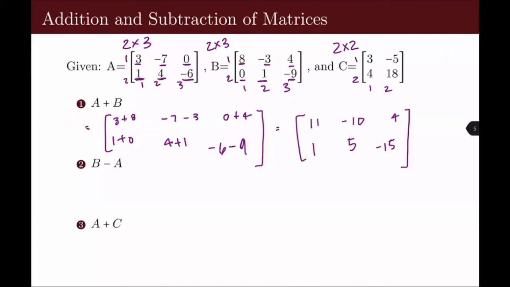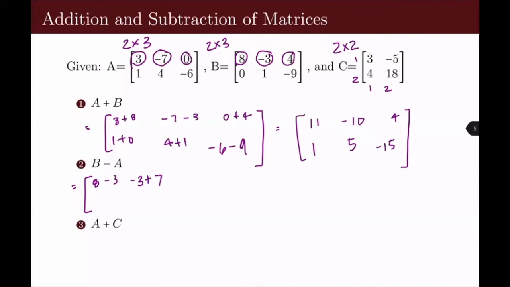Next, we want to do B minus A. Again, it is the same strategy. So B minus A, we're actually this time going to start with the B matrix first. So that means we'll be taking 8 minus 3. And then we'll have -3 minus -7 is going to be -3 plus 7. 4 minus 0.